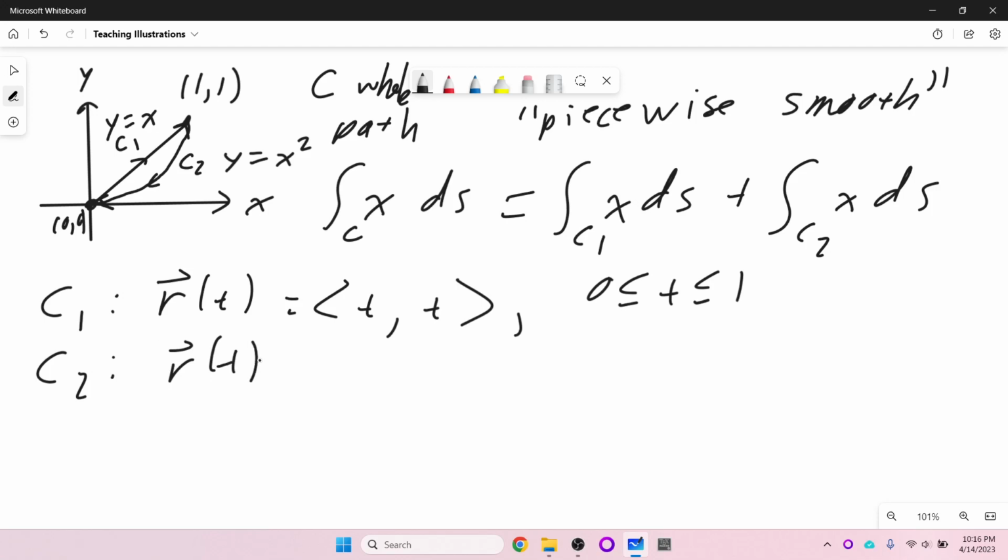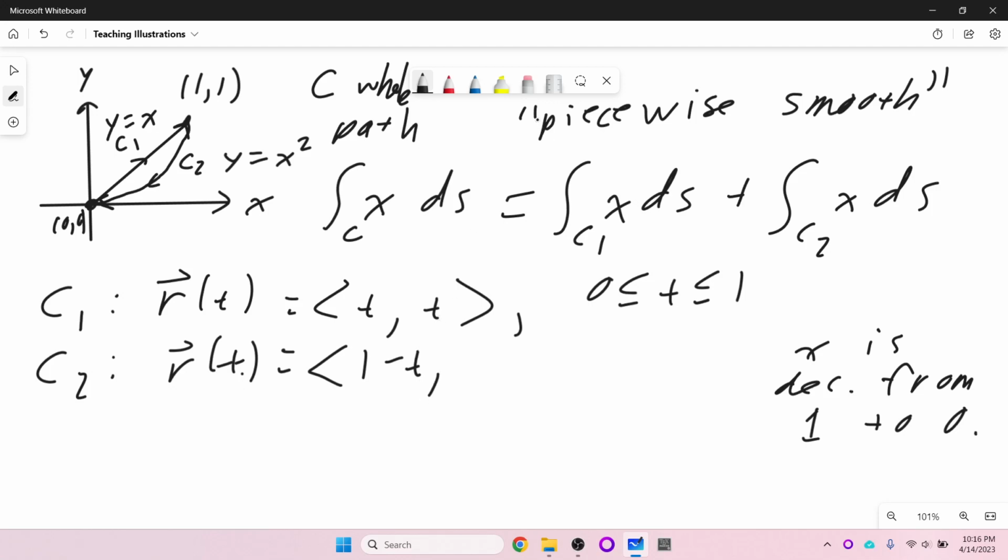The x is decreasing from 1 to 0. So that means the x coordinate will be 1 minus t. And like I said earlier, we have to have a negative t there because it's going right to left. And so since it starts at 1 and ends at 0, we can use various formulas like the line segment formula to work that out.